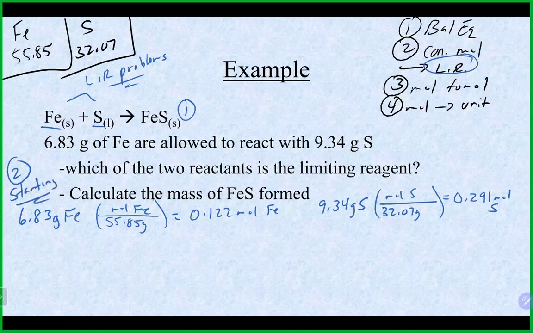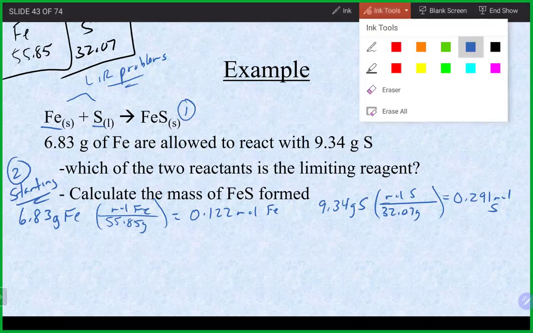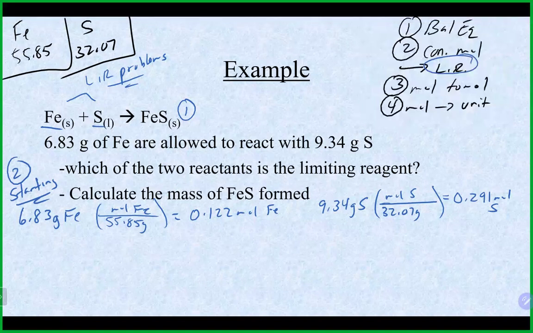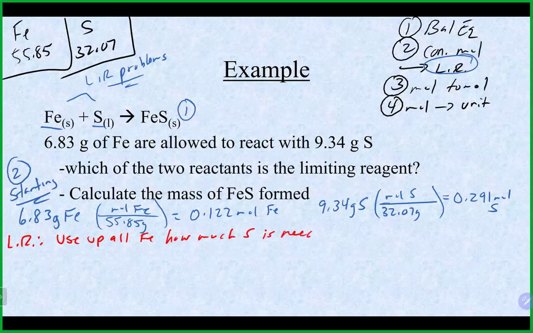Because we recognized it as a limiting reagent problem, I'm going to do my limiting reagent calculation here, which means I'm going to choose either reactant. It doesn't matter which one you choose. I'm going to choose the iron, so I want to use up all my iron. How much sulfur is needed is basically this calculation.